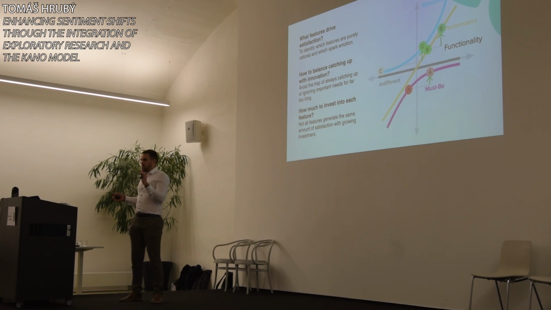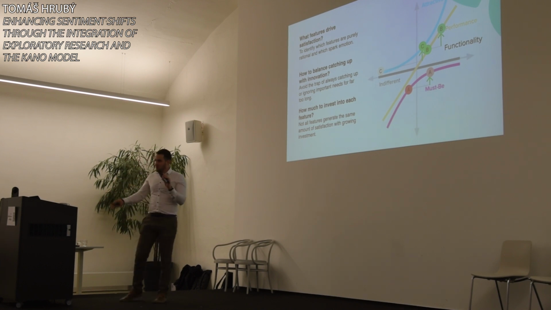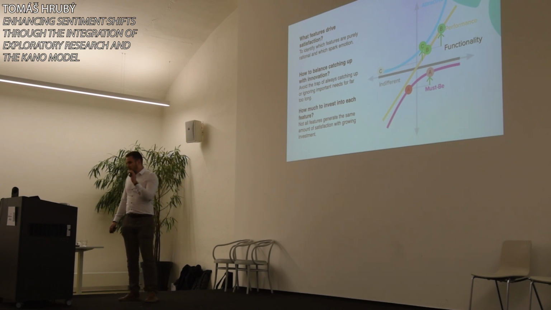A good roadmap has a nice, healthy core of performance features, then only the top must-be features, must-have features, and then a few sparkles of attractive features on top. And also, it helps you set the right appetite for your product teams, so that they don't over-invest where you don't need them to, or where the business doesn't need them to.